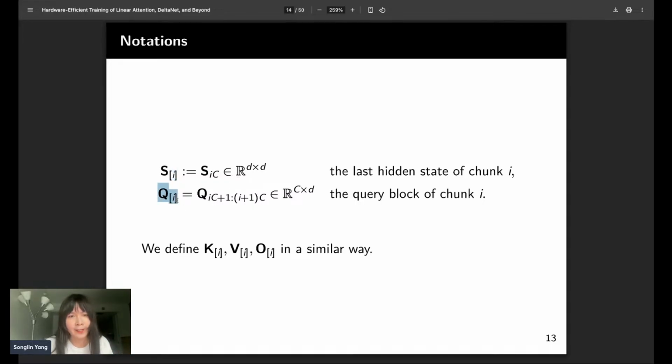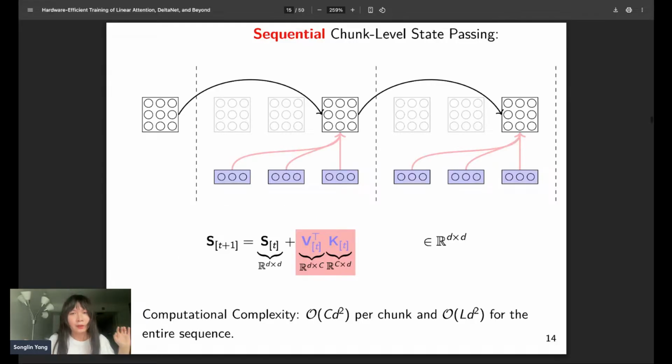And also we have these notations to denote the sub-block for query, key, value and the output matrix. So they are of size C by D. The full matrix is of size L by D, but now we only take its sub-block to consider the computation of the chunk i.